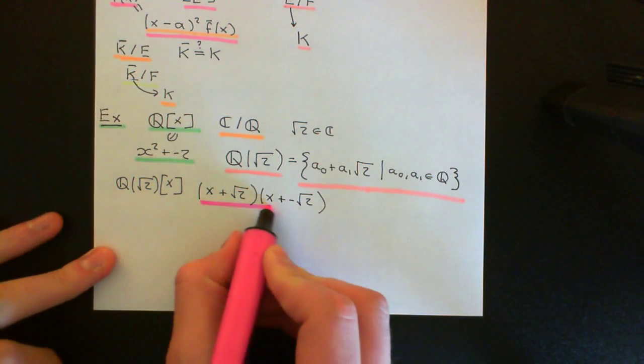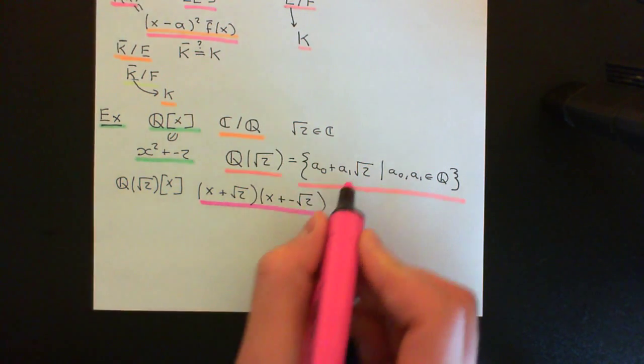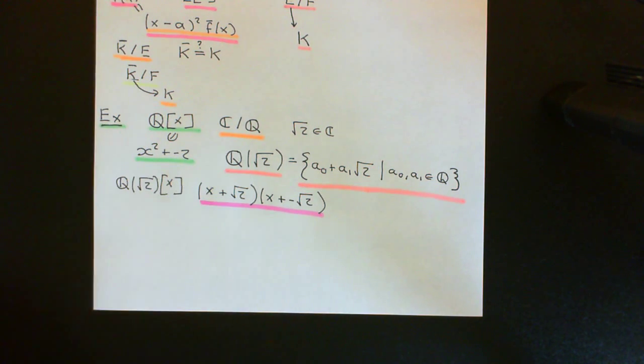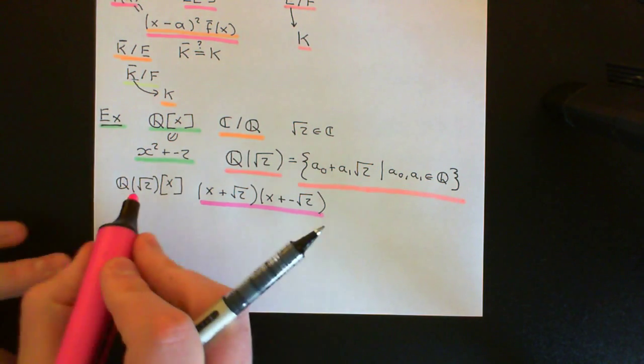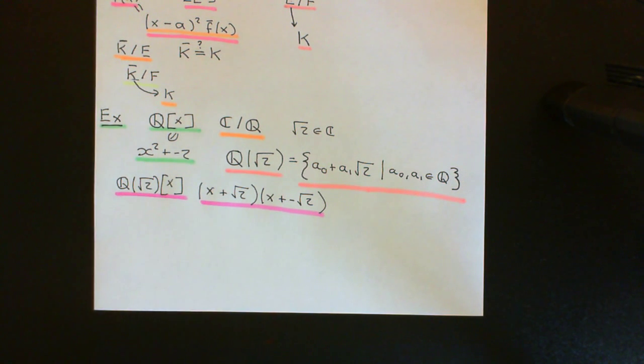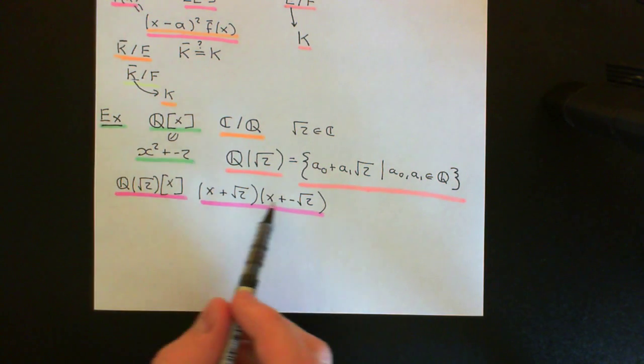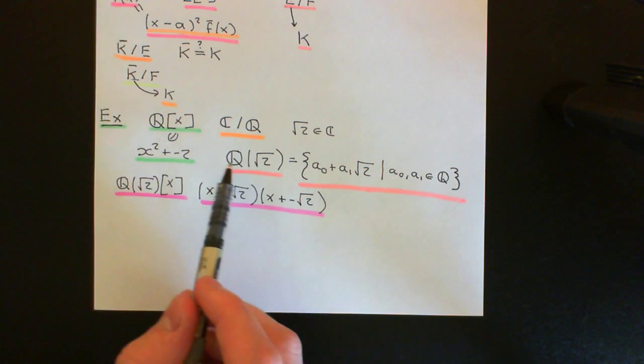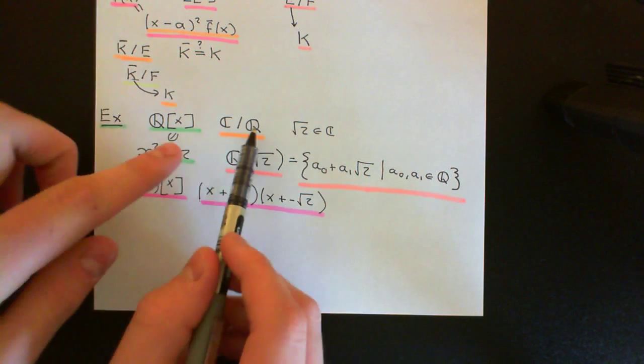And of course when you multiply these two out, you're going to get the polynomial x squared plus negative 2. So in this ring of polynomials over this field extension of the rational numbers, the polynomial does indeed split here. So this is going to be our splitting field for this polynomial over the rational numbers.